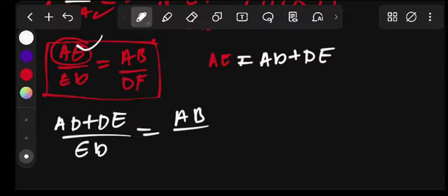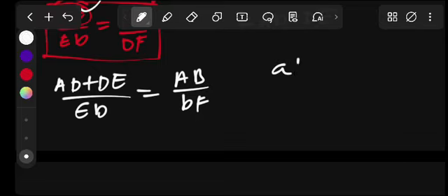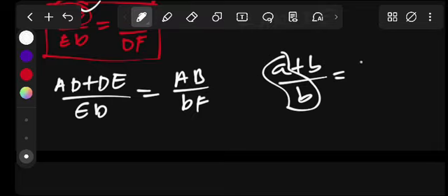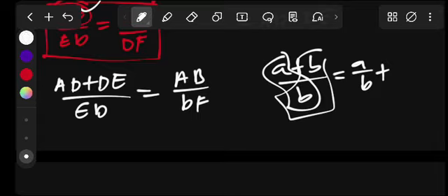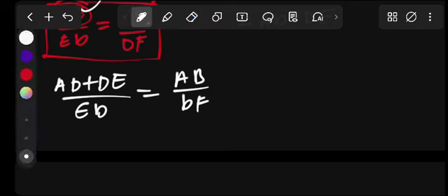AB over DF, whereby we know that using this rule, guys, you can divide that, the same as A over B plus B over B, like that. So here, there we go, we can use it here. I'll divide that, also divide that.